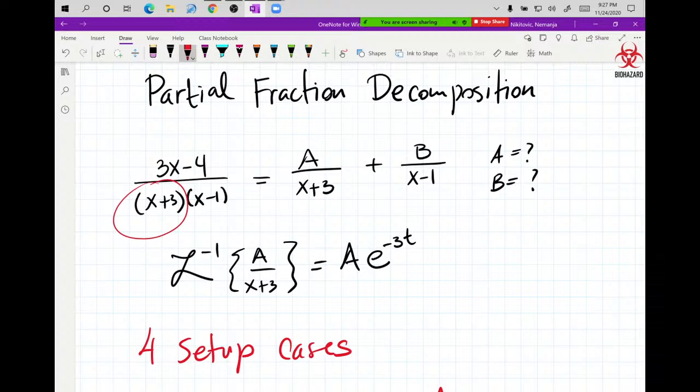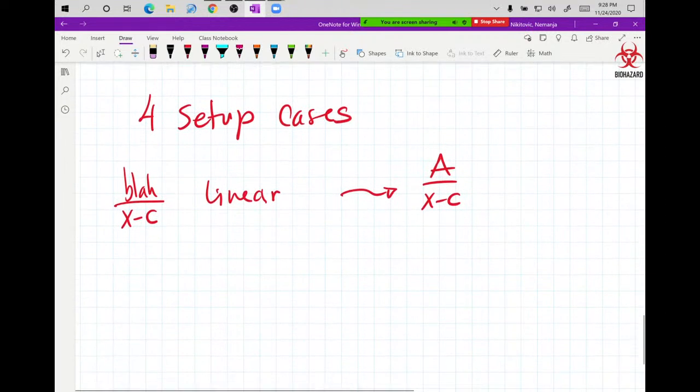You can see that both of these are linears, so both of these are case 1s. So here is my A over x plus 3 and B over x minus 1. Since A was already used up, I'm using B now, but technically both of these are A over x minus c. It's the form that you are supposed to remember, and then you just use whatever variables are available to you.